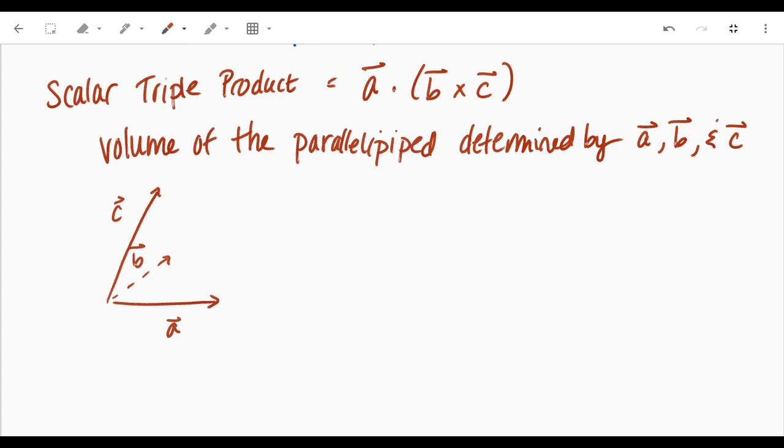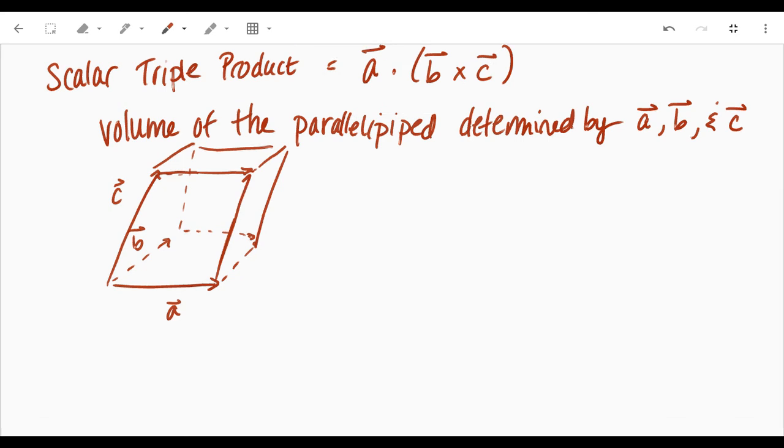So then this would be kind of like that. So the parallelepiped is a six-sided figure where each side is a parallelogram.